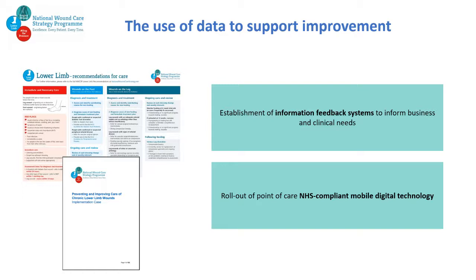One is to create that information feedback system that I've just described in the earlier slide, that helps inform clinical needs, so the delivery of clinical care to patients, but also that can be aggregated up to inform business needs as well. But in order to do that, we know that we need technology at the point of care. So we describe the rollout and use of NHS mobile digital technology that can help support clinicians capture that data, and I'll go into a bit more detail on that in my later slides. Next slide, please.